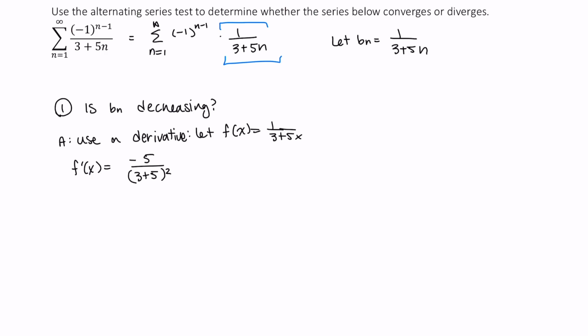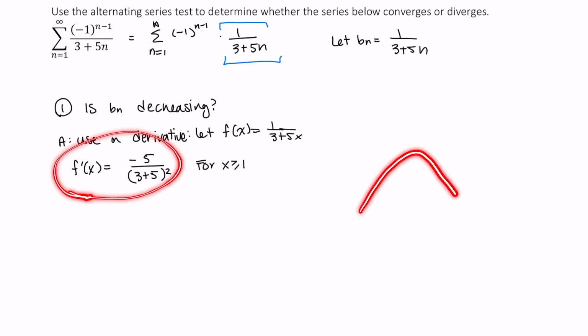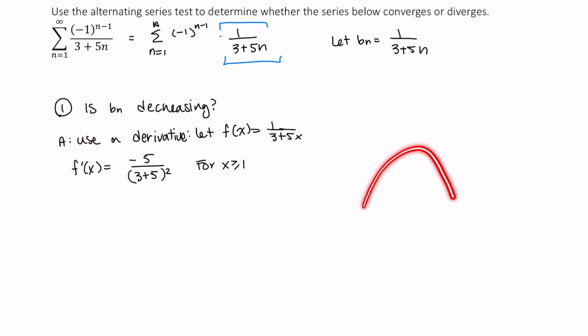Let's ask ourselves, for x greater than or equal to 1, and really that's all we're concerned with, will this derivative be positive or negative? If the derivative is positive, then the function is increasing since its tangent line would have positive slope. If the derivative is negative, then the function is decreasing since the tangent line would have a negative slope.